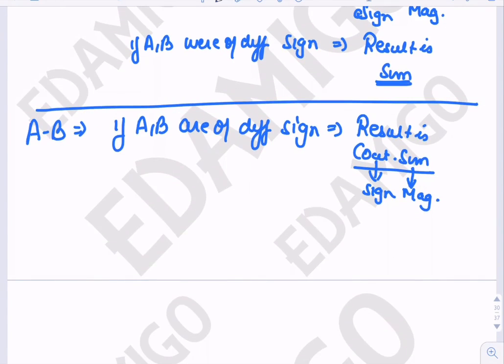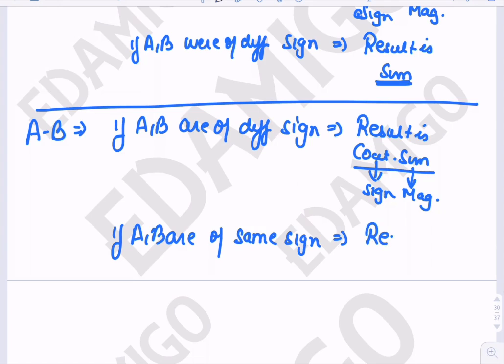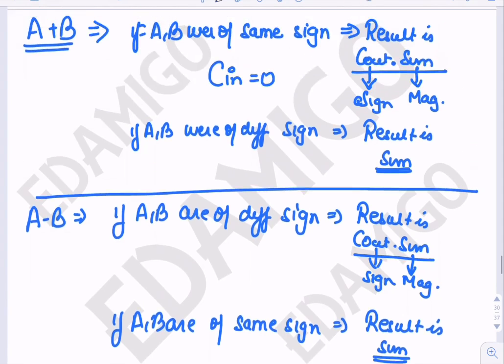So if the sign bit is negative or the sign bit is 1, then we know how to find the magnitude. Okay, and if A and B are of the same sign, then the result is only the sum, Cout is neglected, and the MSB of sum will give us the sign of the result. Okay, so exactly similar but different results, but this is very important.